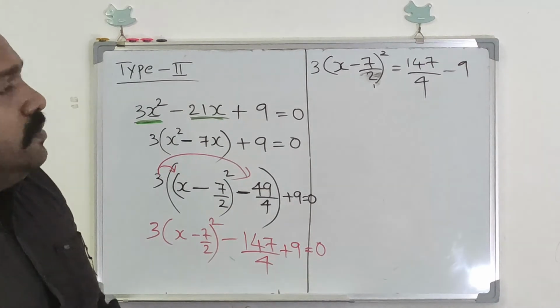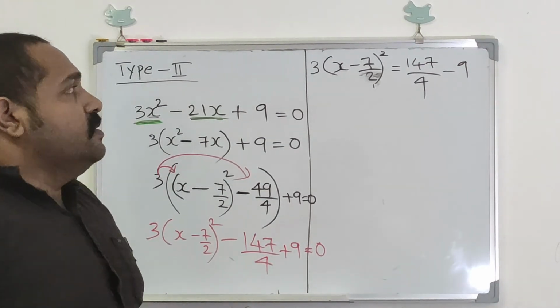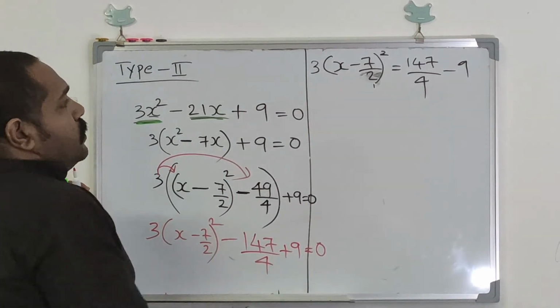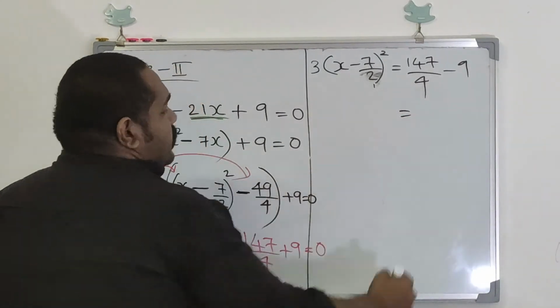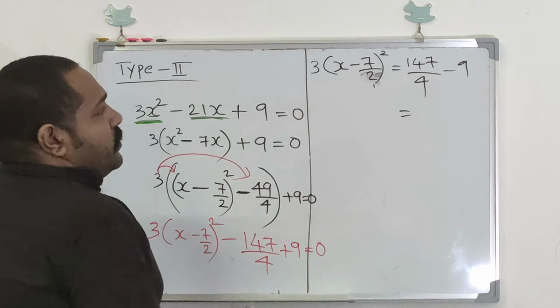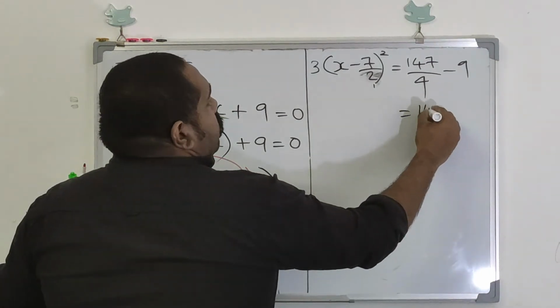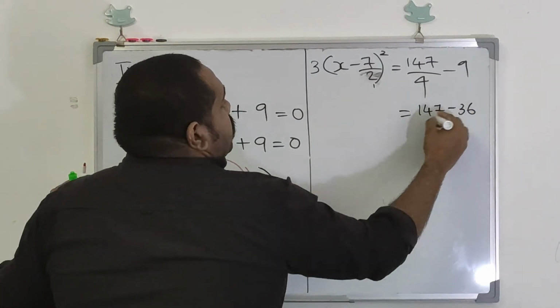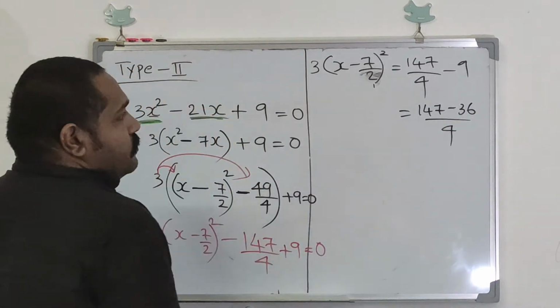So what is the value of 147 over 4 minus 9? That is going to be 147 minus 36 over 4.